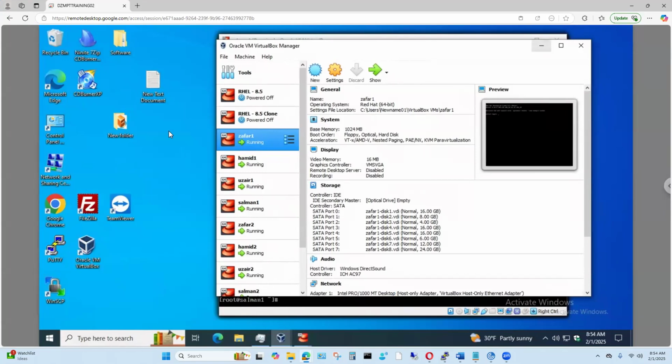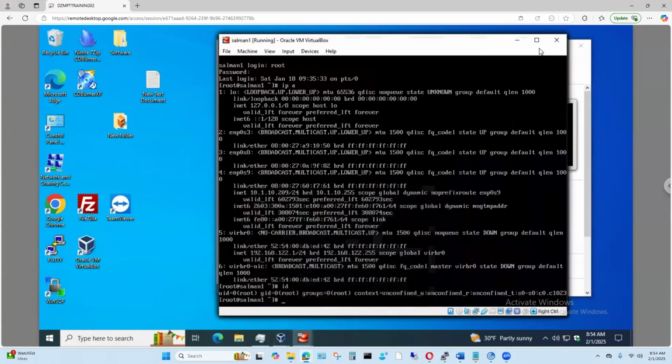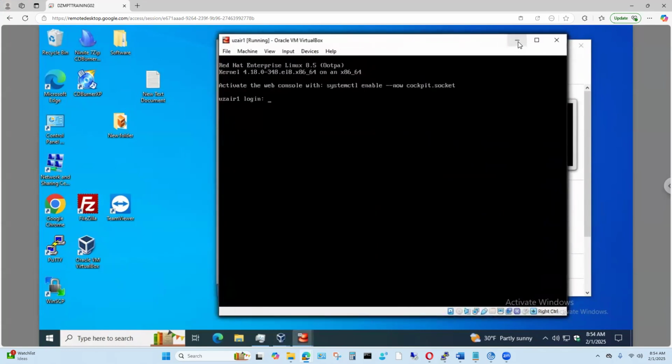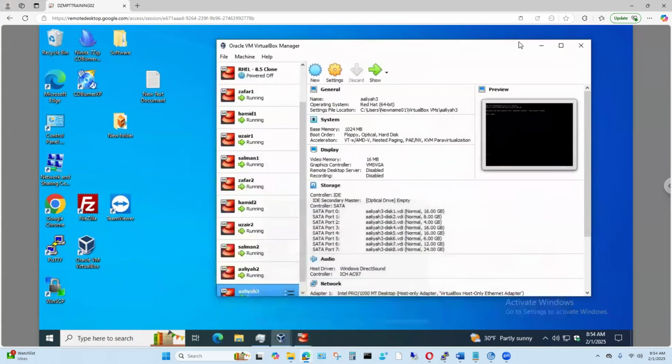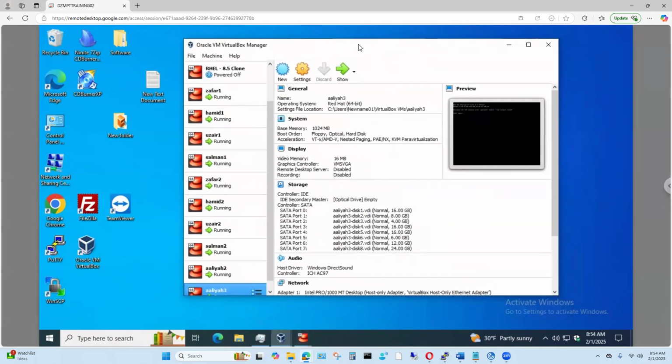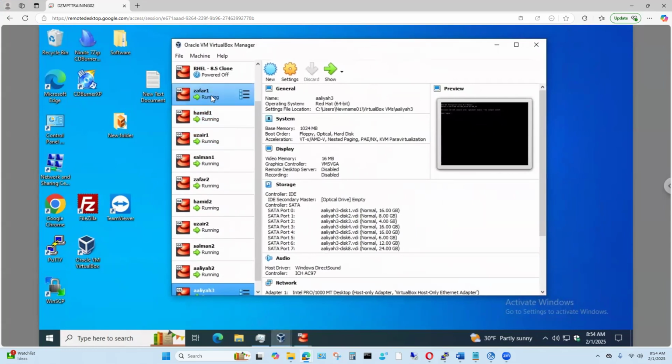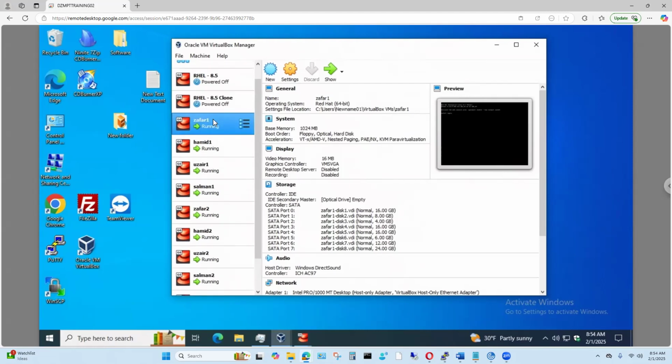I have a machine called Zafar 1, the one I'm looking at. Let me minimize all these machines. So this is how the VM looks here. VM means virtual machine. I might touch a little on this before the end of the class.